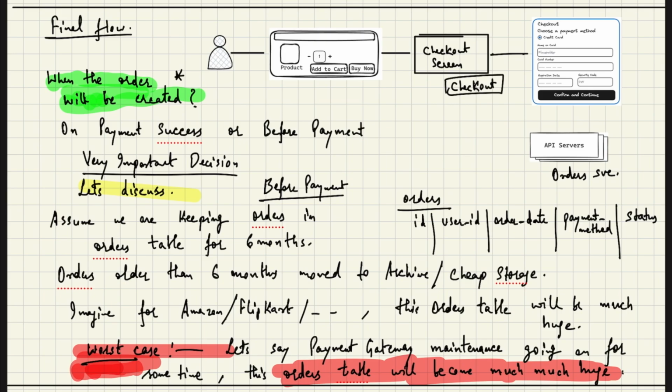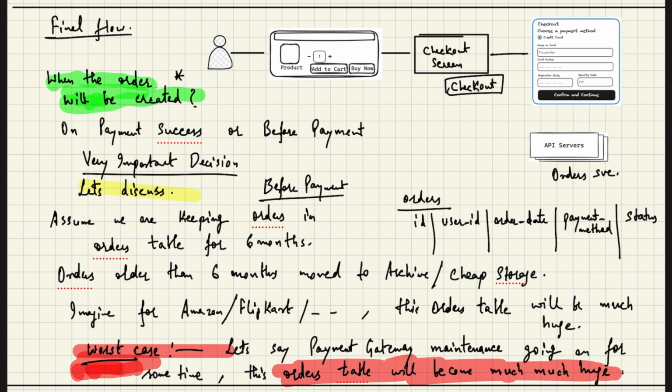Now imagine the payment gateway maintenance is going on for 1 hour or so, and the payment gateway is down. What would happen? Your orders table would grow like anything, right? It would be huge, and it already has so many records with the status success, shipped, delivered, and so on.